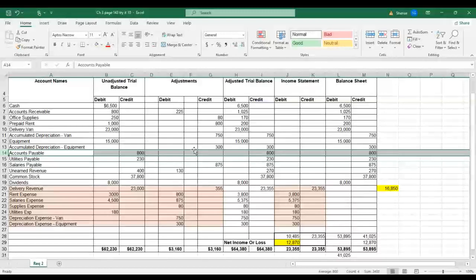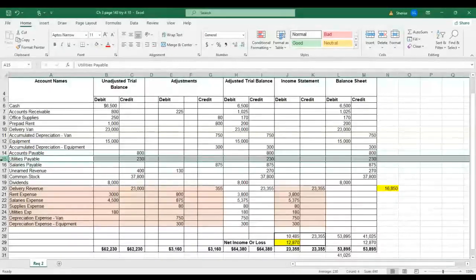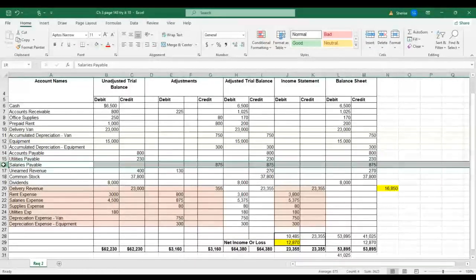That's what we started with. There were no adjustments, so it remains at $800 credit. Utilities payable, there were no adjustments, so it stays the same. Salaries payable, we started with nothing, but we had an adjustment for $875 as a credit. So we're going to credit our salaries payable account by $875.